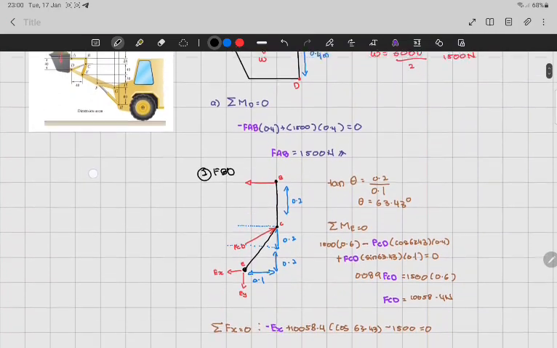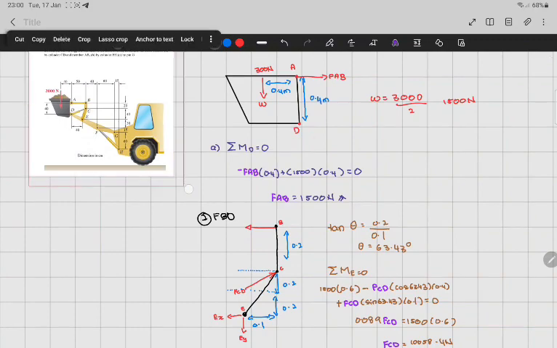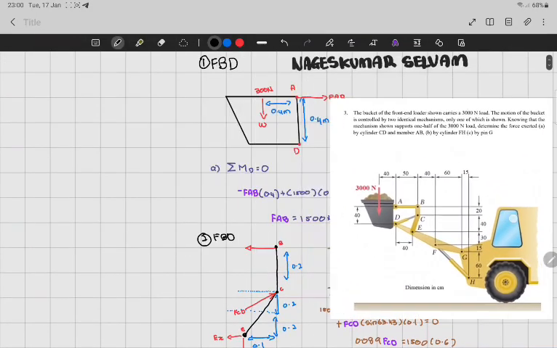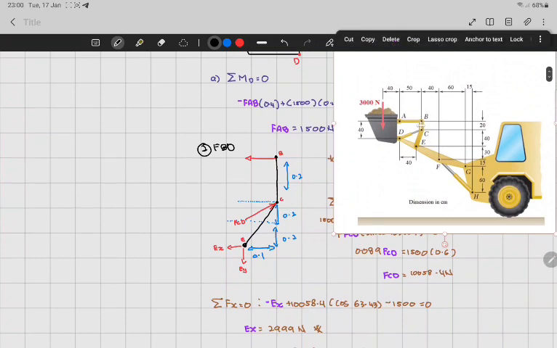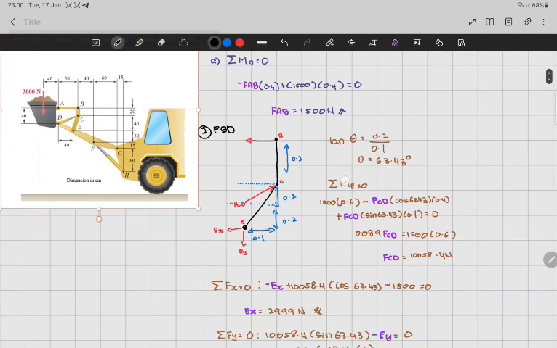Secondly, we need to draw the second free body diagram of B. Take a look at this one, B, C and E. I already drew the free body diagram of the BCE.